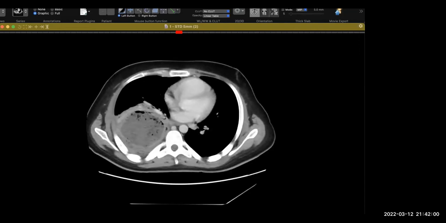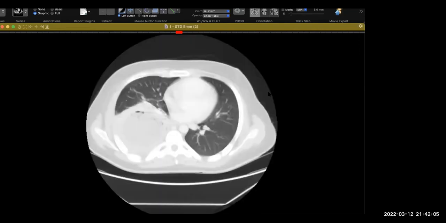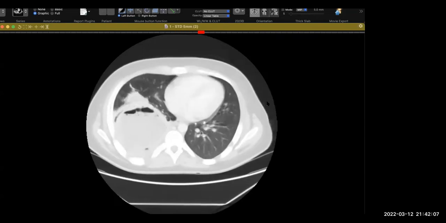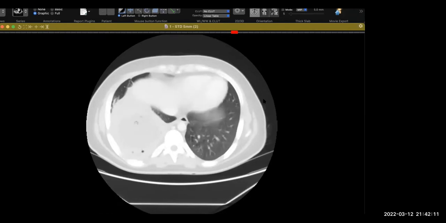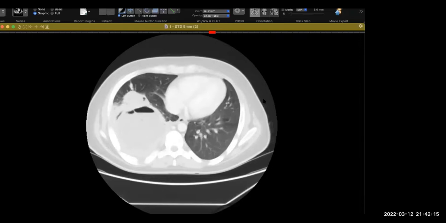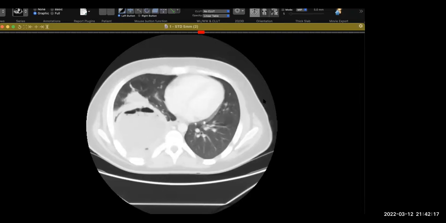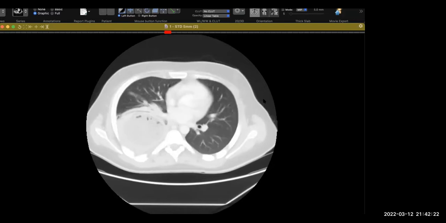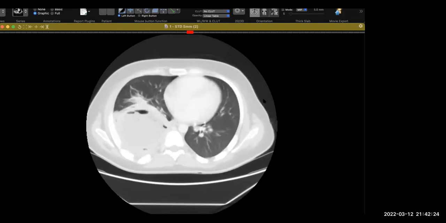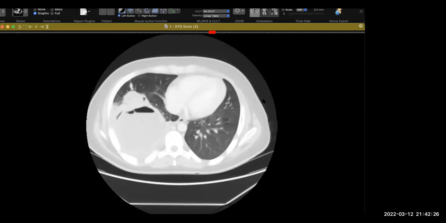So can I review the lung window, please? Yeah, thank you. So the right lower lobe itself is compressed by this loculated right-sided pleural effusion. There are multiple internal lucencies. I'm thinking of two possibilities right now.